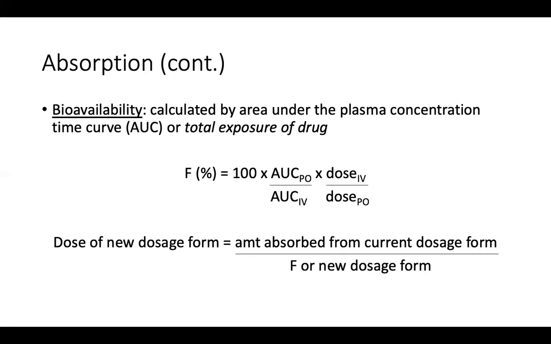The PO right here that you see can actually mean any of the extravascular, whatever dosage form you're comparing to IV. And if we're going between dosage forms with the same drug, this is the equation we would use right here. So the amount absorbed, and then the bioavailability, that should say of the new dosage form.